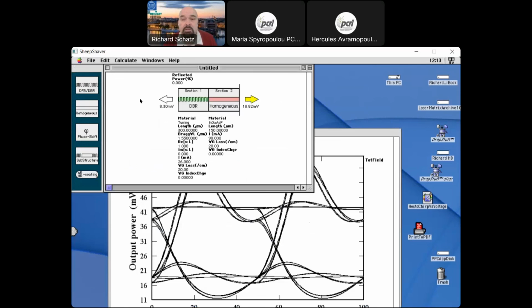So any questions? Thank you very much, Richard, for taking us through the demo. It really looks like you can immediately see any change that you apply to the laser, and you can understand basically what kind of effect you are tuning.